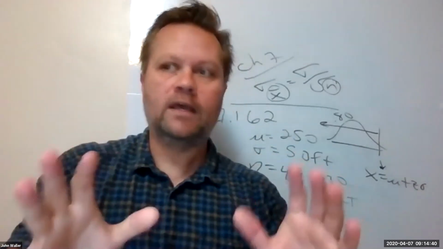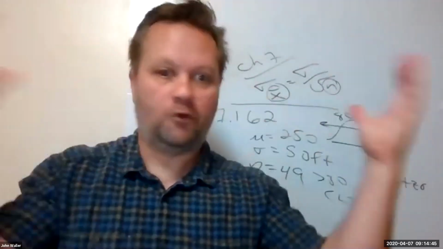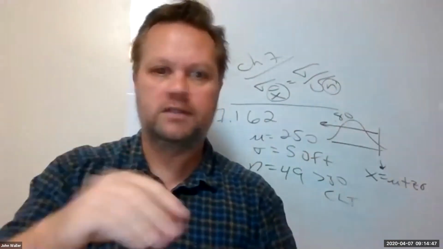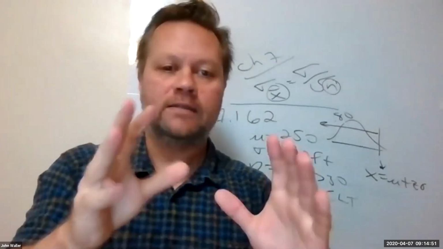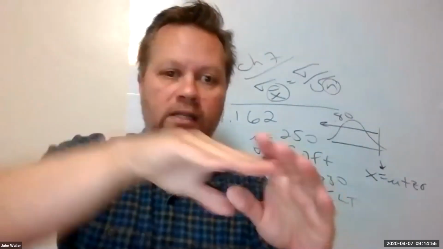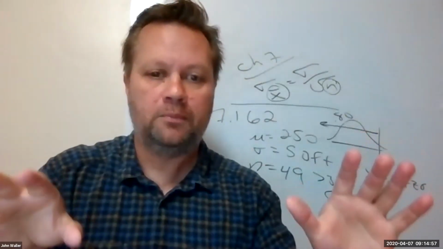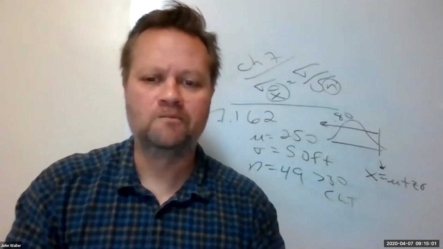Chapter 7 says, what's the probability that the sample mean for these 49 things or whatever is going to be greater than this? Then I need a picture of sample means. I need to compare the one I'm interested in against all the possible sample means. I know that's all really weird. I'm sorry.